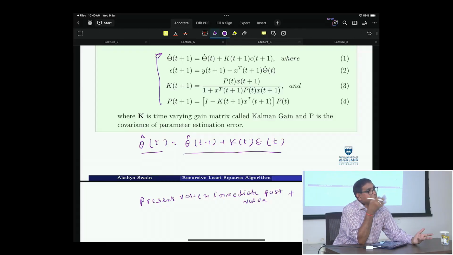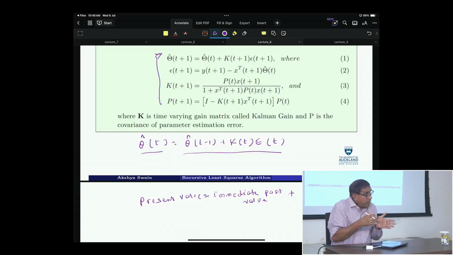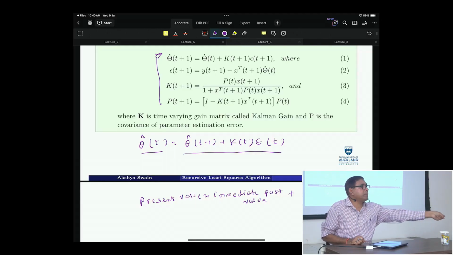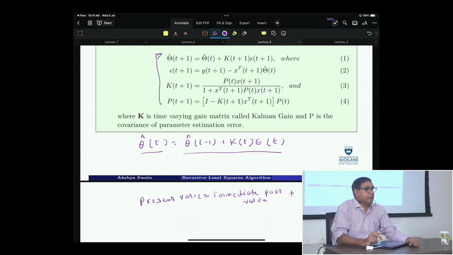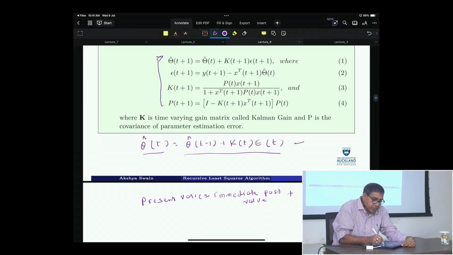So theta cap at a time instant t. Here you must be careful where you are. You are at time instant t. So if you are at t, what do you know? If you are today, you know what we have discussed yesterday. So you know theta cap t minus 1. That is known. No doubt. So to compute this expression, this is known.